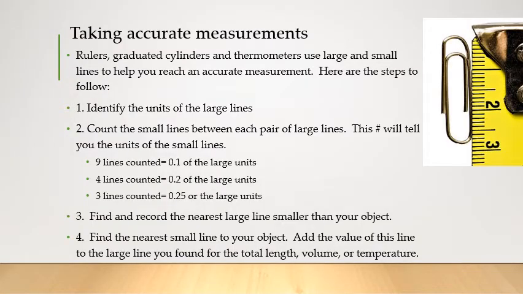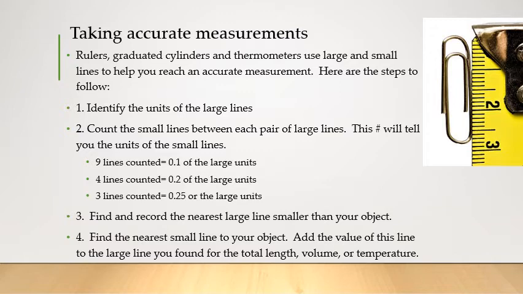So here we see an example on the right-hand side of a measuring tape, and we're measuring a paper clip. So to take accurate measurements, rulers, graduated cylinders, and thermometers all use large and small lines to help you reach an accurate measurement.